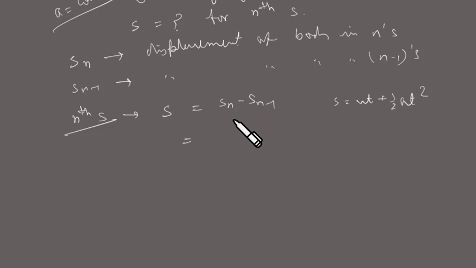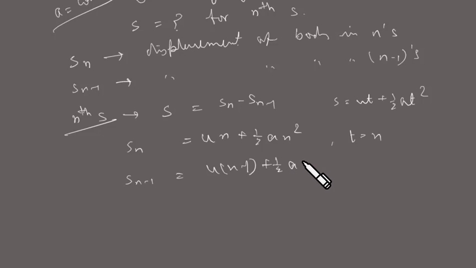So here for Sn, t equals n, Sn equals un plus half a n square. Sn minus 1 equals u into n minus 1, because t equals n minus 1 here, plus half a into n minus 1 whole square.